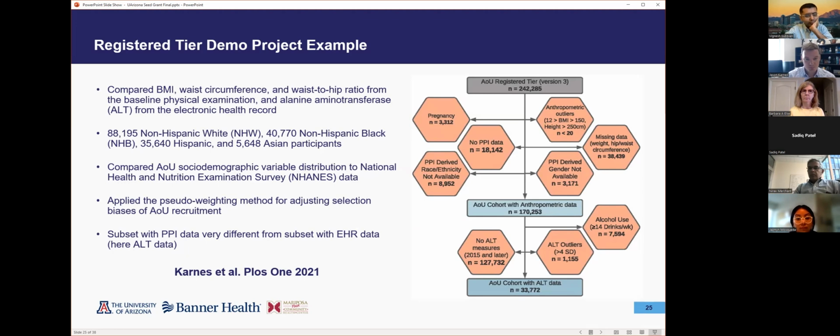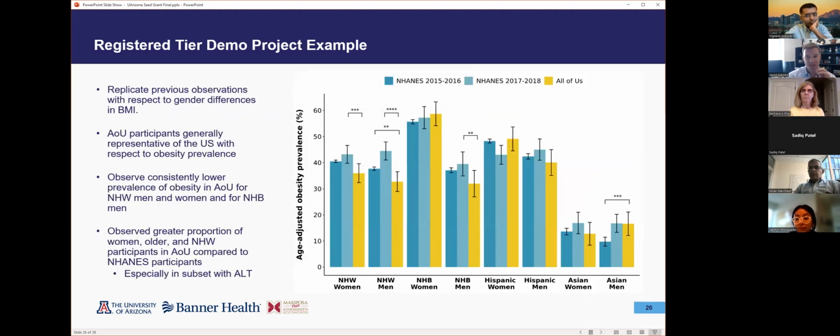Next slide. And one of the things we did, and I've mentioned this several times, is upload the prior NHANES data. We compared this to All of Us in terms of age-adjusted obesity prevalences. And so we did those direct statistical comparisons between NHANES and All of Us.